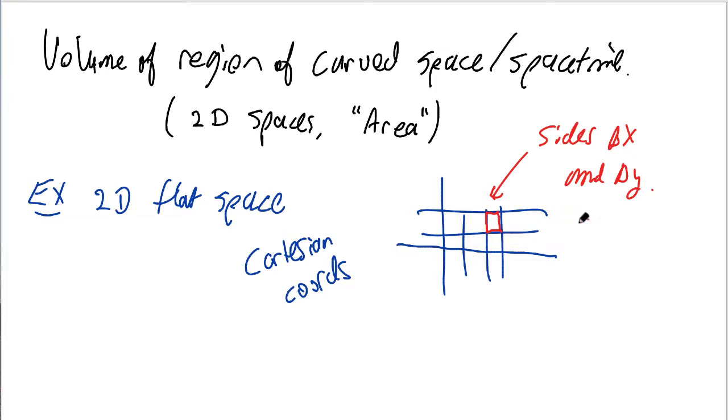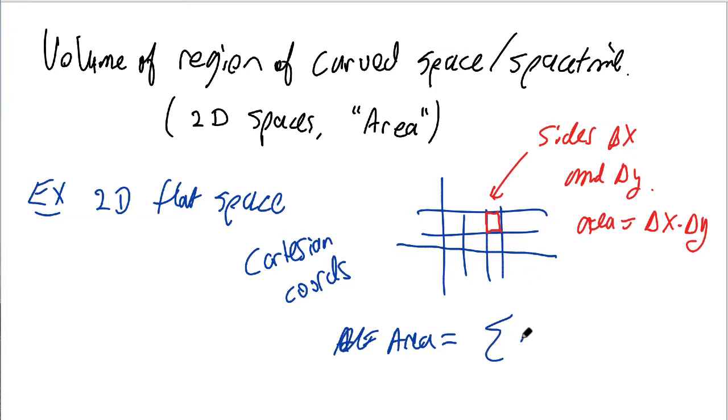And we know the area of that coordinate cell is just delta x times delta y. So the area is then the sum over all these little coordinate cells, delta x times delta y. And of course, we convert that to an integral over dx dy.